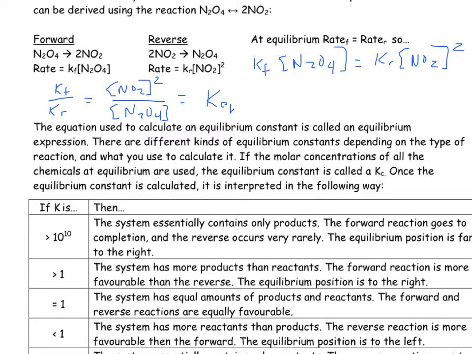The equation used to calculate an equilibrium constant is called an equilibrium expression. Now let's have a closer look at this equation. Here, if we look at our equilibrium, this equation takes the concentration of the products raised to their coefficients divided by the concentration of the reactants raised to their coefficients.